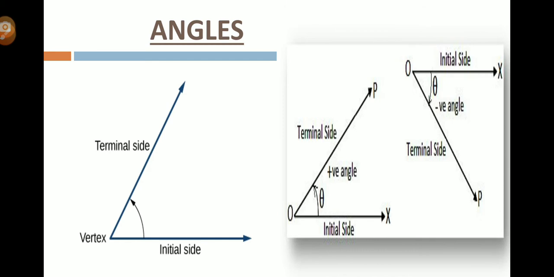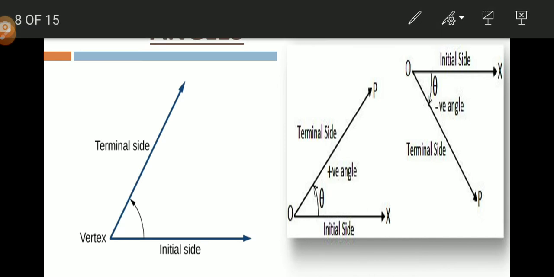If the direction of rotation is anti-clockwise, then the angle is said to be a positive angle. If the direction of rotation is clockwise, we call it a negative angle.